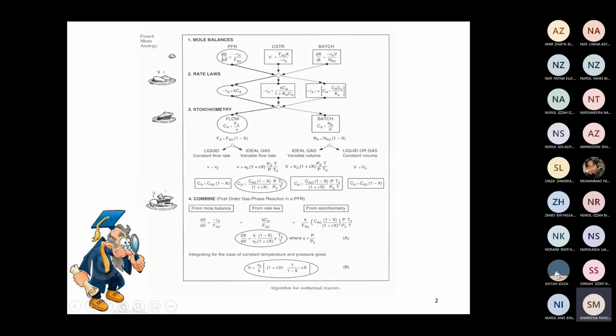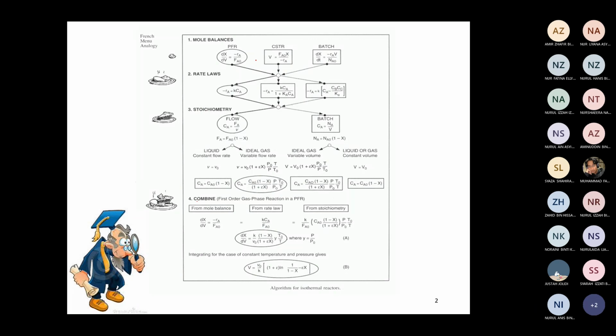Number 1 is the mole balances, rate law, stoichiometry, and the fourth one is the combination, which includes numbers 1, 2 and 3. That's why you need a good understanding of the previous topics.